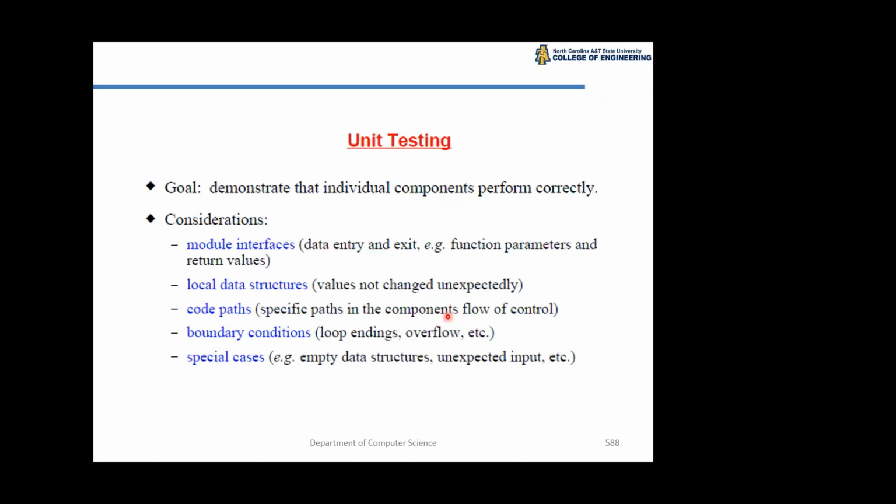The boundary conditions, the loop endings: definitely check the loop, and try to see the overflow and the range. The special cases: for example, find whether there are any empty data structures or any unexpected input, etc. You need to consider all these cases when you do unit testing.